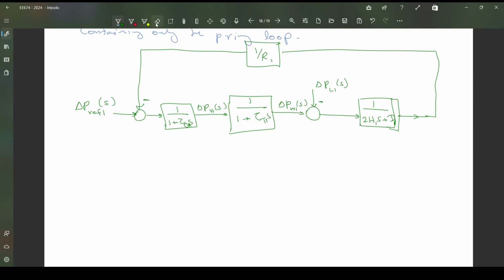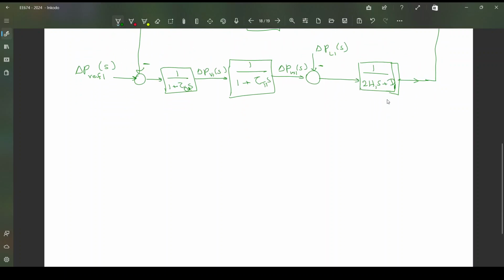And then you will have a similar system for area 2. I will draw it in a little bit different color, maybe brown.